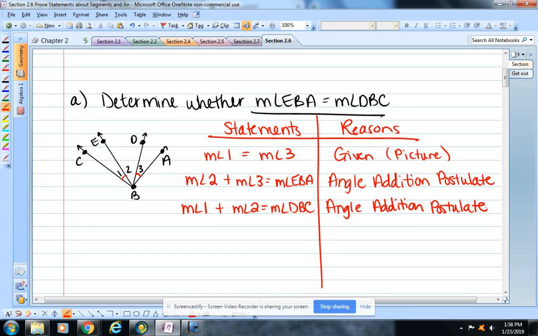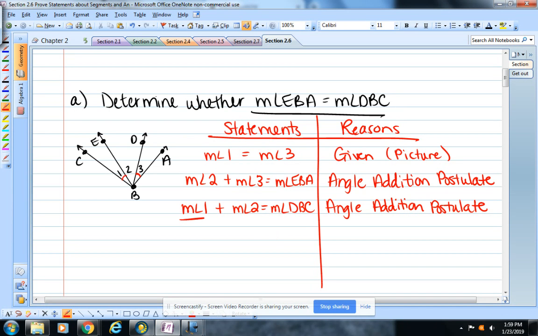That's called substitution. Since angle 1 and angle 3 are congruent, look right here. Can I substitute one for the other? They're congruent, equal measures, so I can replace one with the other.